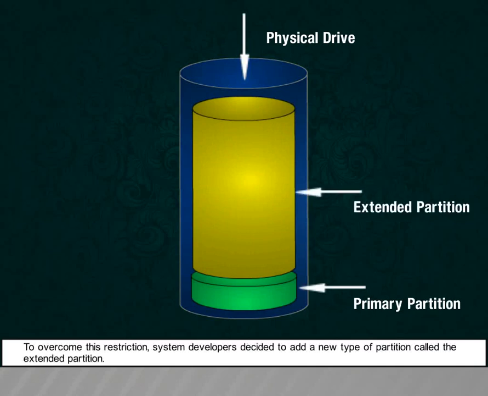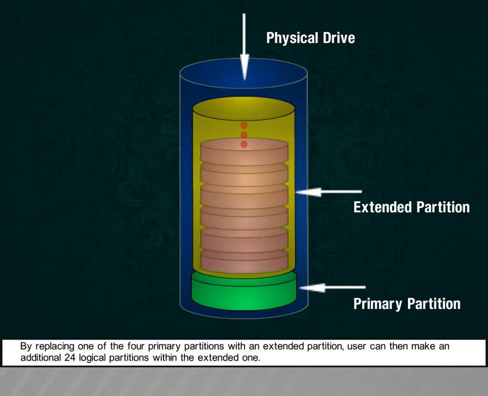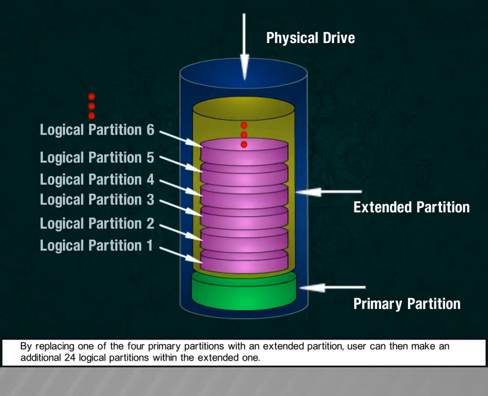To overcome this restriction, system developers decided to add a new type of partition called the extended partition. By replacing one of the four primary partitions with an extended partition, the user can then make an additional 24 logical partitions within the extended one.